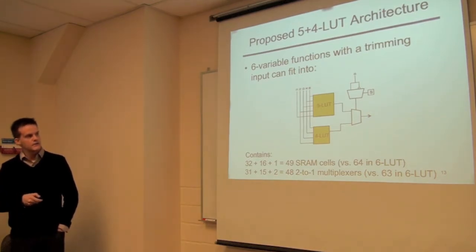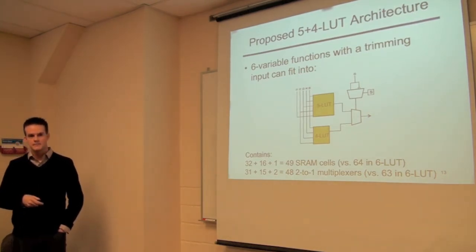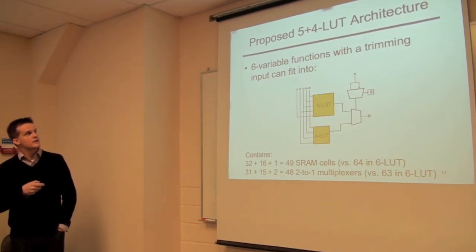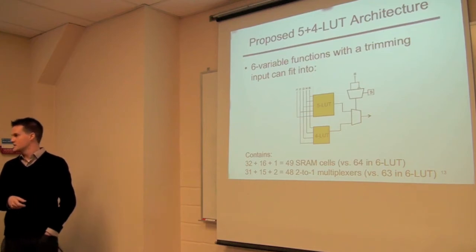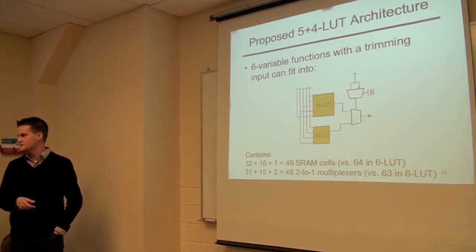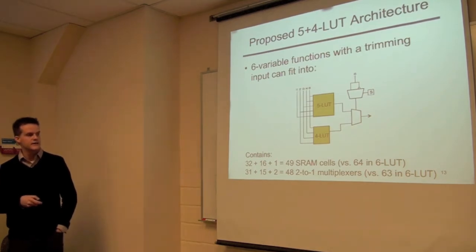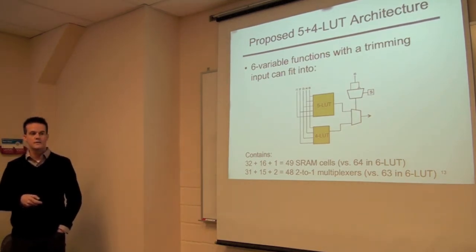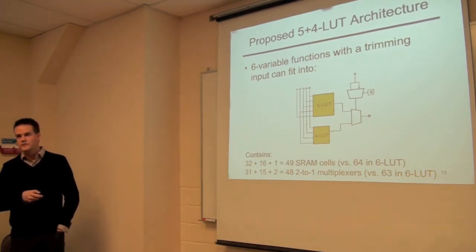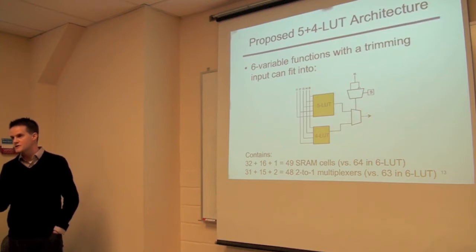That can go into this 4 LUT, and the other cofactor, potentially big, can go into the 5 LUT. We're calling this the 5 plus 4 LUT architecture. It still has 6 inputs, but it uses fewer SRAM cells than a 6 LUT: 49 SRAM cells versus 64 in a 6 LUT.